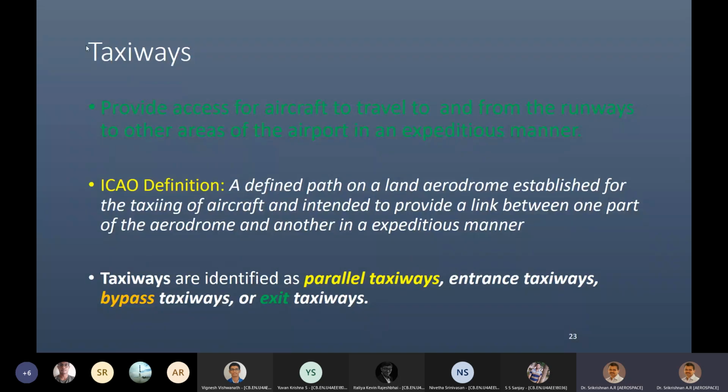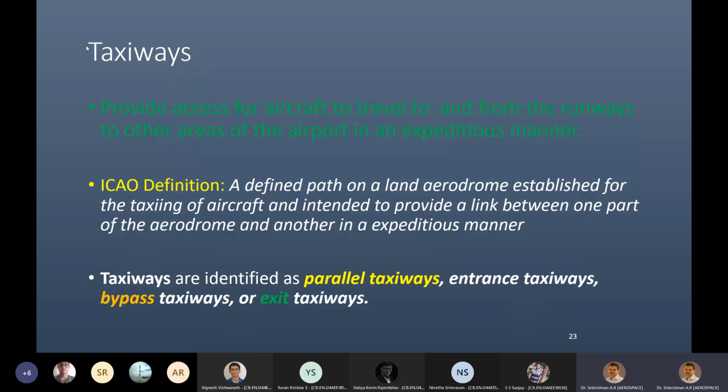The ICAO definition reads, and this is just copied from the definition they have given, a path on a land aerodrome established. Actually, that land aerodrome may be a confusing word, but it is to distinguish from the naval, that is ship related, terms also.